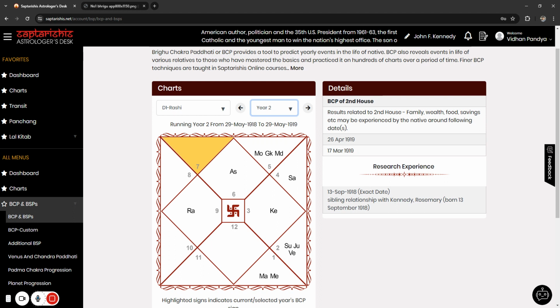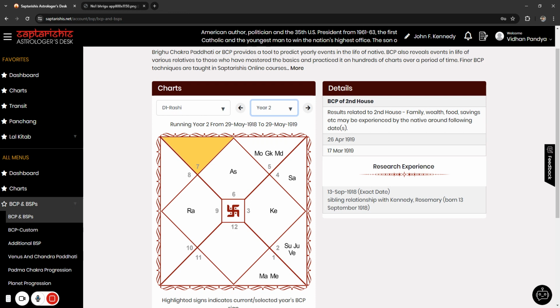It says sibling relationship with Rosemary Kennedy. So what we understand is the above portion is telling us that some event related to family is likely to happen in this year. And then in the below section, in the research experience box, it indicates the event which is regarding the birth of Rosemary Kennedy.